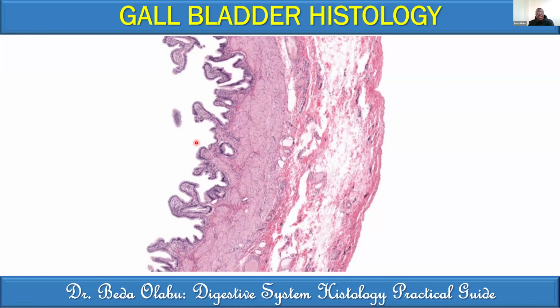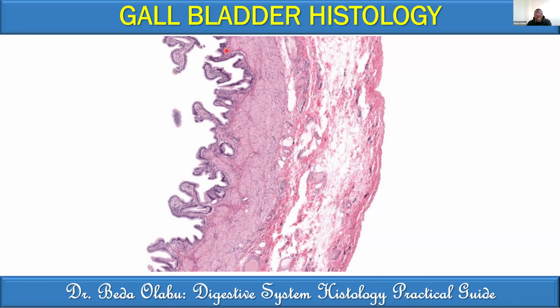Because the lumen is quite large, it's almost impossible to get the whole gallbladder in a single slide. So this is a part of the wall where the lumen will be on this side, and this side is exterior. At this magnification, some things we can pick that confirm this is gallbladder.